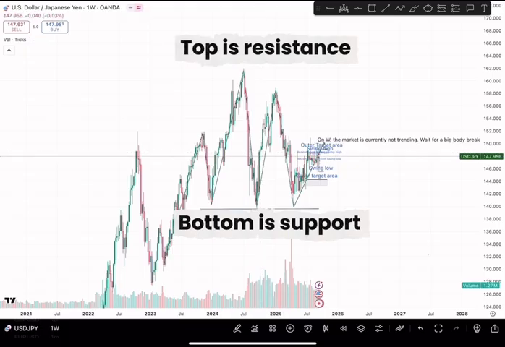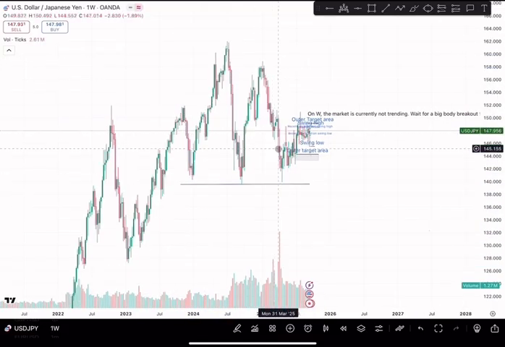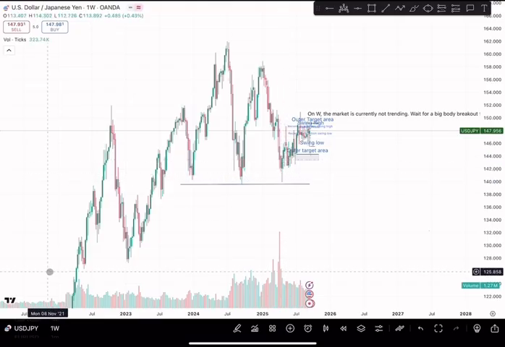No, wait, that was wrong. This is support. The level is support right here. So up here is resistance, and this is support. My brain doesn't remember everything. So this market is currently in bull. We can see that the market is currently in an uptrend.